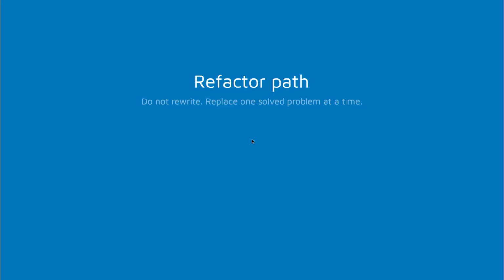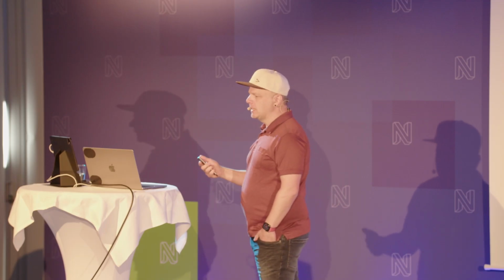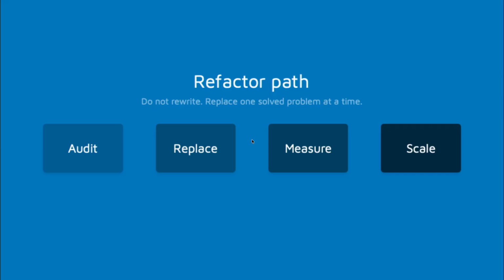So, how could your path to refactor this stuff look like? Sometimes you have to rewrite things, okay, but this kind of thing, it's really nice. You just take the path, look at it, replace it, measure it, and then you can scale it.